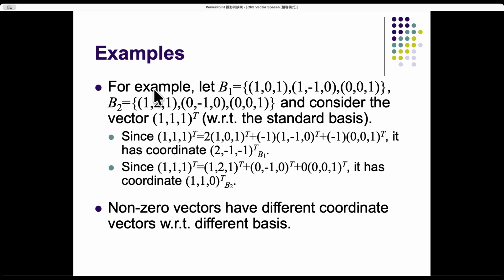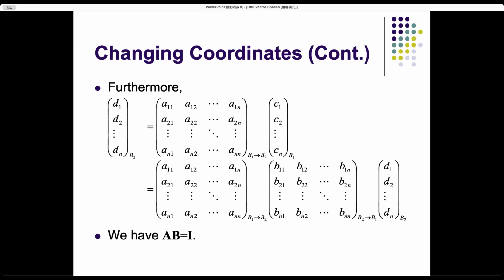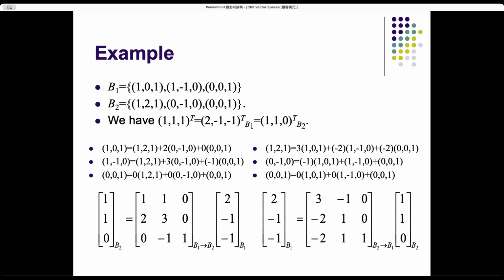Okay. 1 0 1, 1 negative 1 0, 0 0 1, and 1 2 1, 0 negative 1 0, 0 0 1. Okay. So we used these two bases earlier already. So we have this one equal to this one equal to this one, right? We know that already previously.